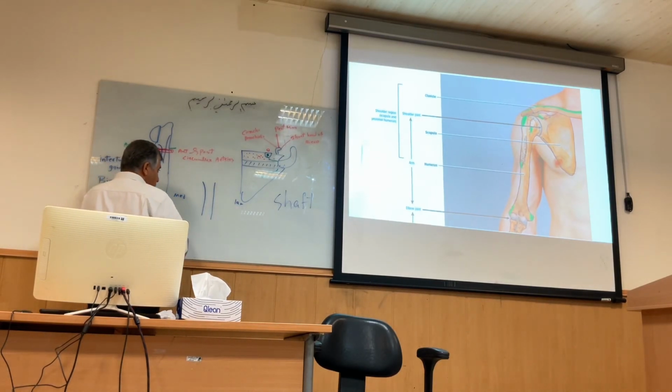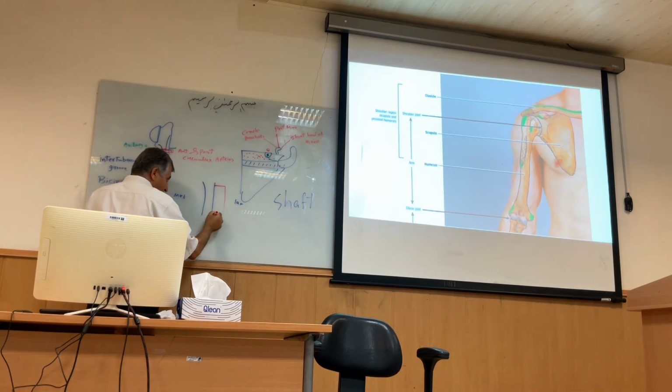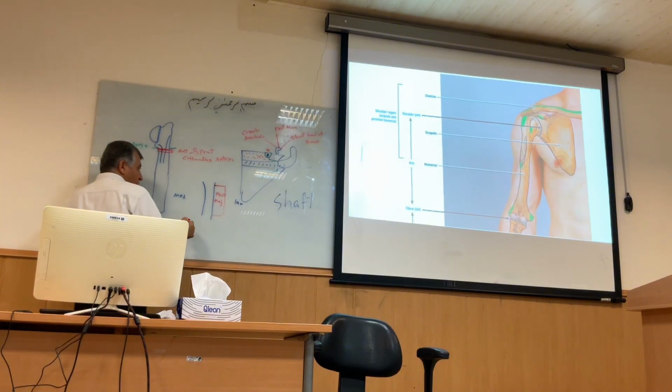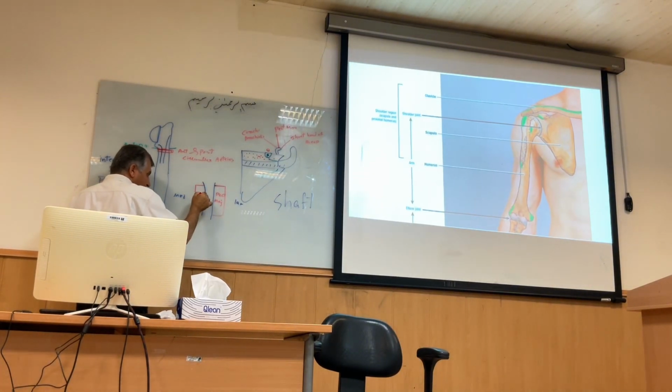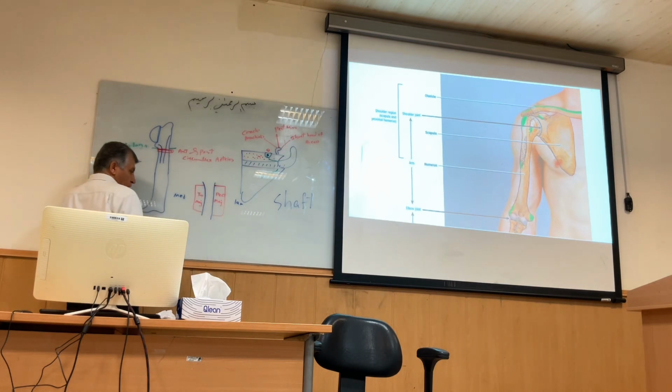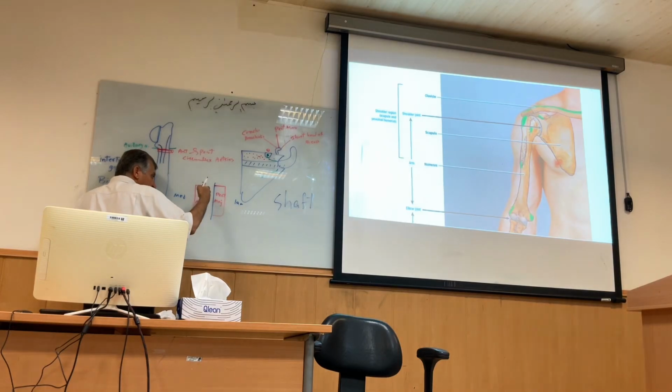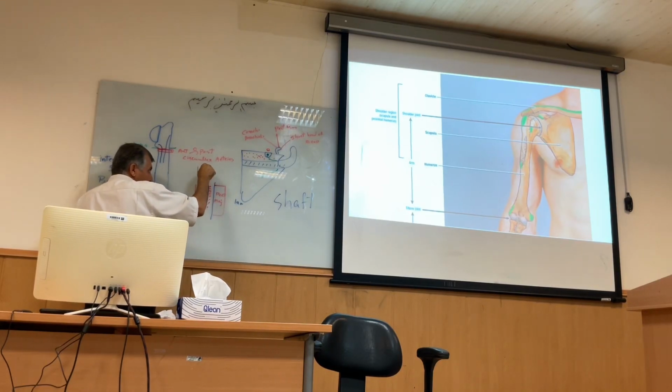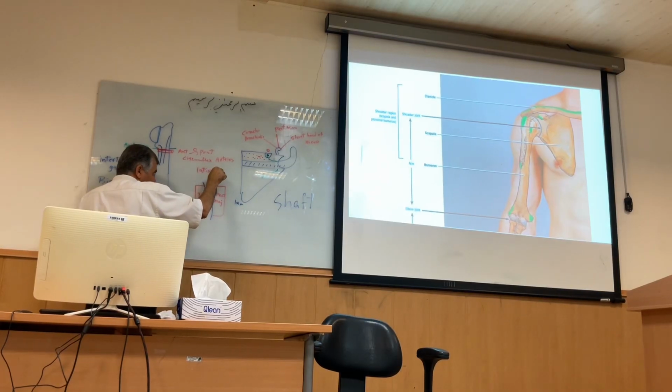One muscle attached to the lateral border is pectoralis major. One muscle attached to the medial border is teres major. One muscle attached deep, to the floor of the groove, is latissimus dorsi. Okay?